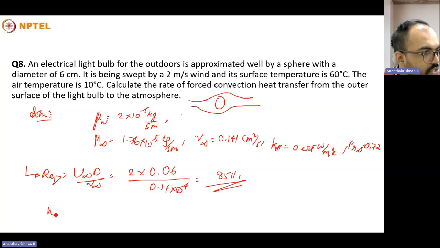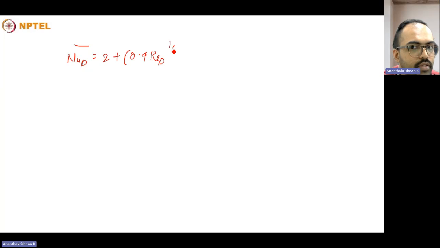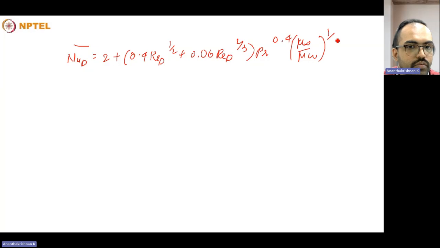So Whitaker proposed a correlation for the average Nusselt number. The correlation states: Nu D bar is 2 plus 0.4 Reynolds number raised to 1 by 2, plus 0.06 Reynolds number raised to 2 by 3, times Prandtl number raised to 0.4, times mu infinity by mu w raised to 1 by 4.